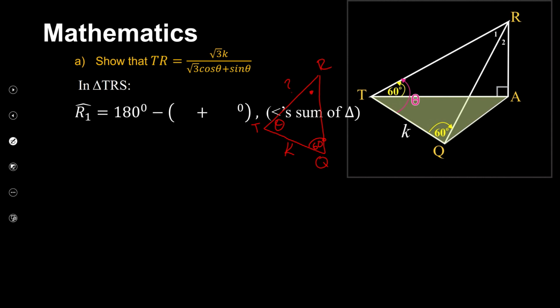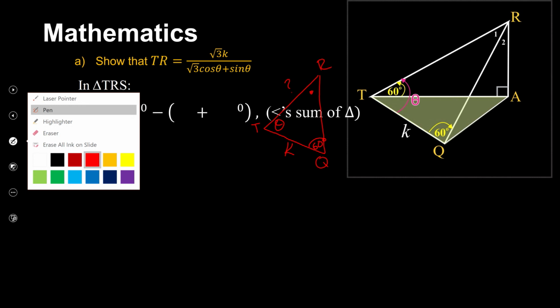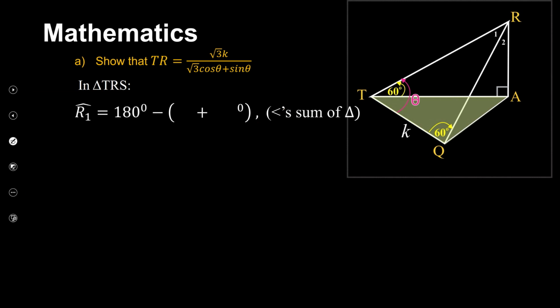Let me just erase my markings here. Remember, to find that angle R1, we're going to have to use the other two angles in that triangle. We had theta and 60 degrees in that triangle.